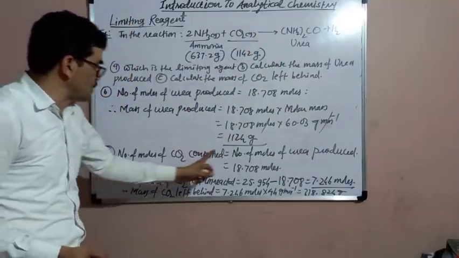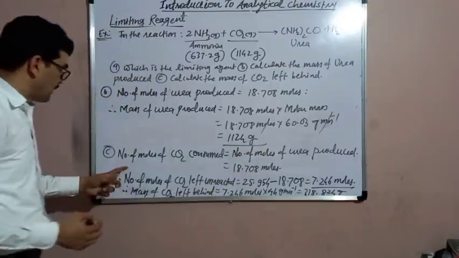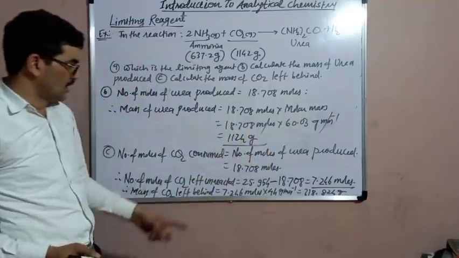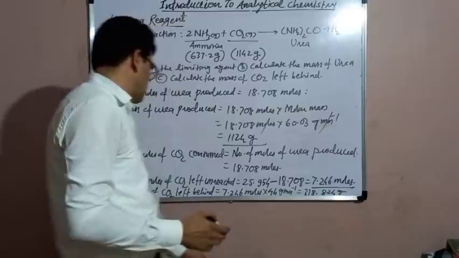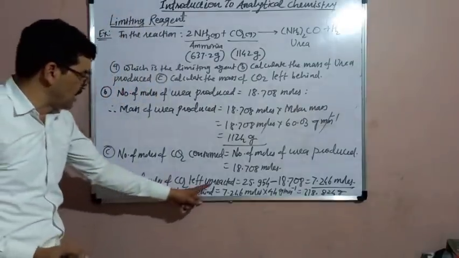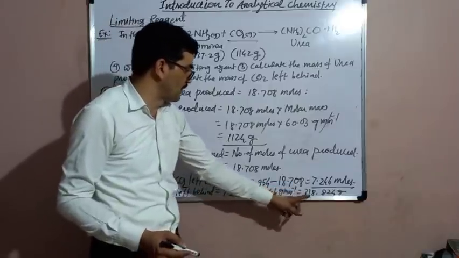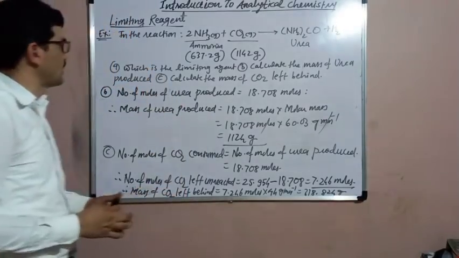So these are the number of moles of CO2 consumed, 18.708 moles. But the initial number of moles of CO2 are 25.954 moles, minus 18.708 moles equal to 7.246 moles. Therefore, the mass of CO2 left behind will be equal to 7.246 moles into 44 gram per mole equal to 318.824 grams. In this way, here we have solved this problem.